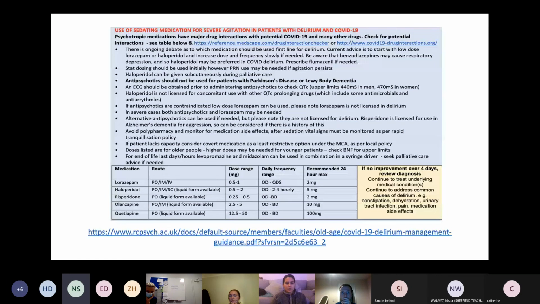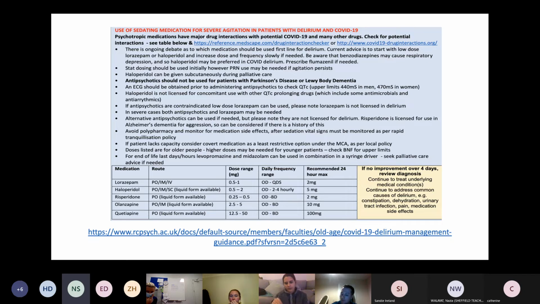And then this is the other guideline that I found, which is interestingly one they've developed for COVID-19, and I can't find one for non-COVID-19. So this is the Royal College of Psychiatrists. And actually, it's pretty comparable to normal day-to-day, I would say, when I've read through it.